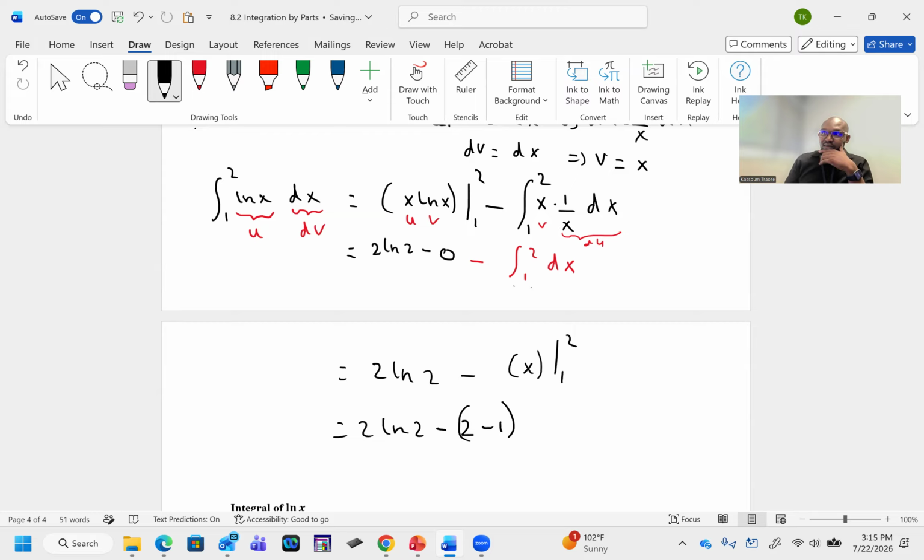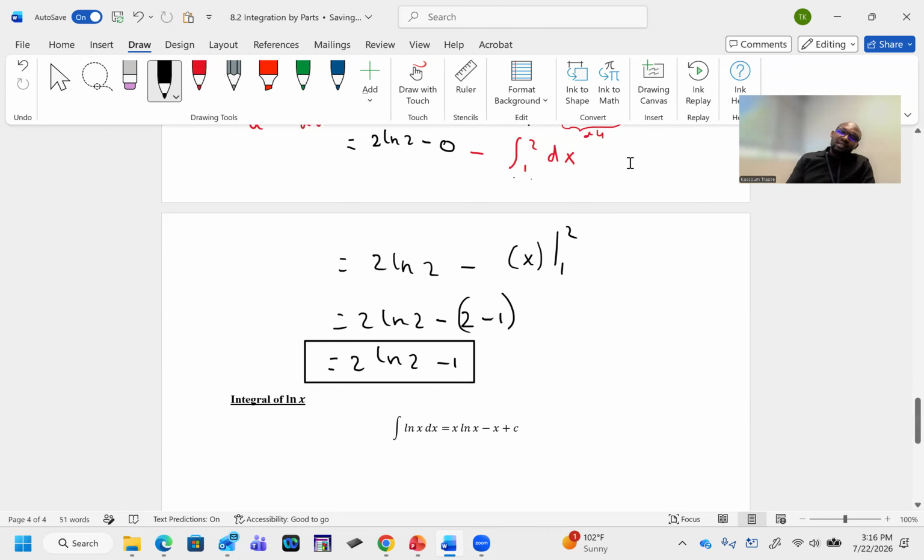Hold on, give me 1 second. I think I made a mistake right here. No, it's cool. 2 minus 1 is 1. So my final answer will be 2 ln of 2 minus 1. And that's it.